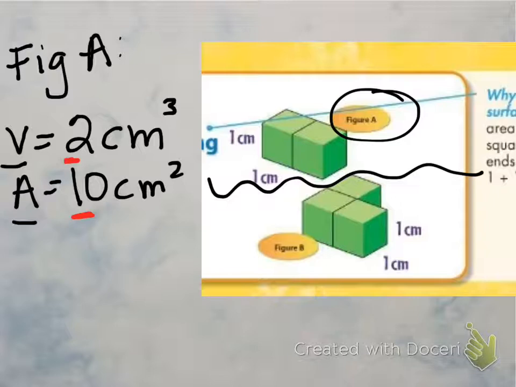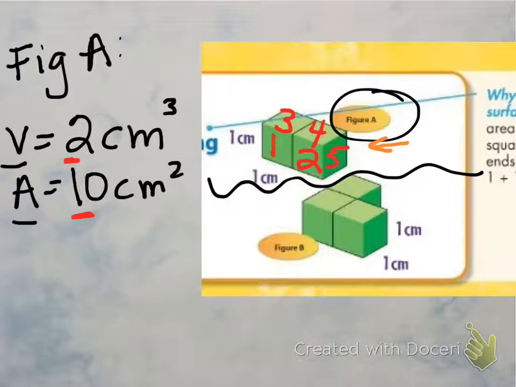The area represents how many surface faces are shown on the outside. I will label the ones that we can see from the picture. We can see this face, 1, 2, 3, 4, 5. But we have to know that there are some hidden faces as well.